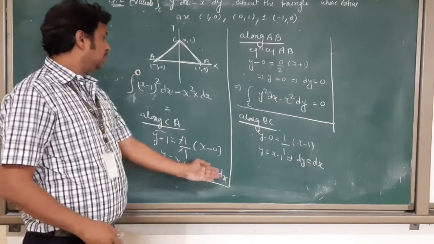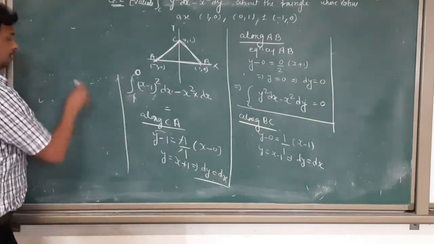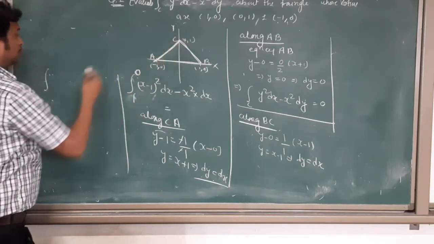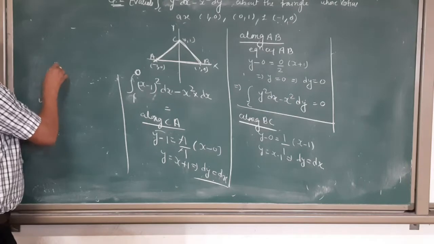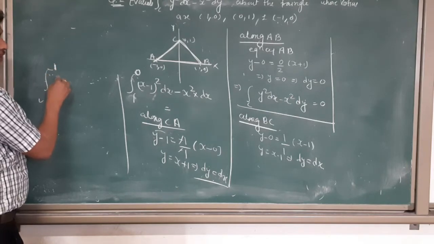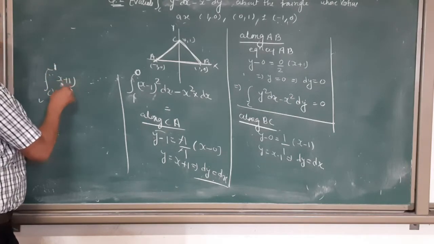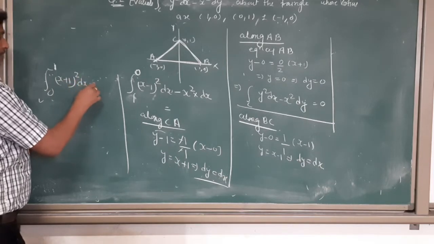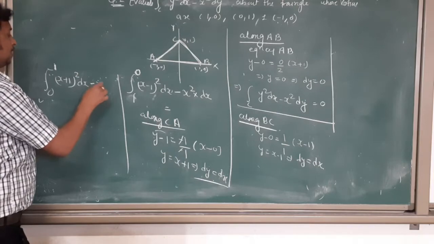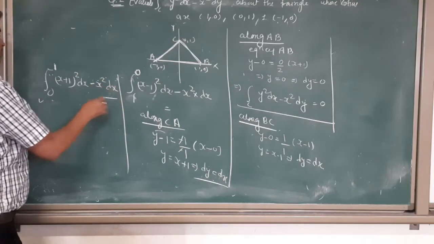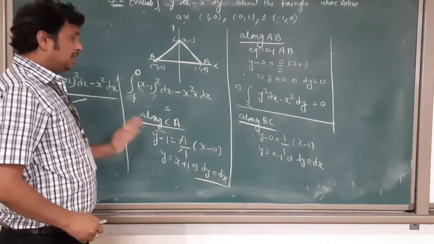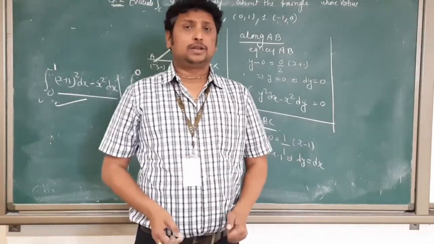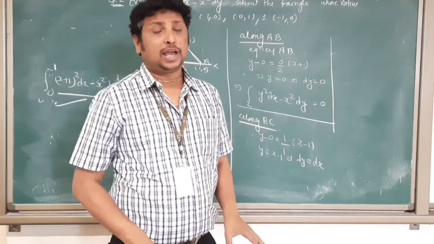Similarly, just put it in, and the x limit is 0 to minus 1. So y square means (x plus 1) square dx, minus x square dy, which is dx. Just calculate this integral. Once you calculate all the integrals, just add them. That is the answer. So this is the way we do a line integral.